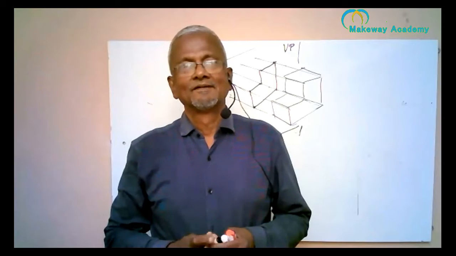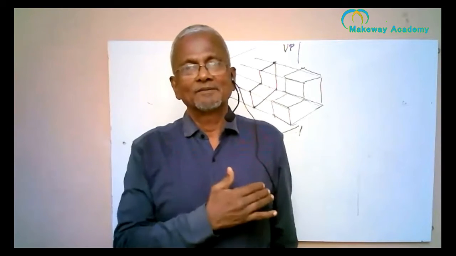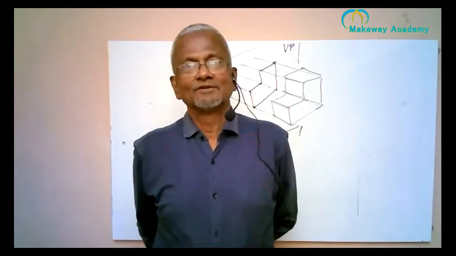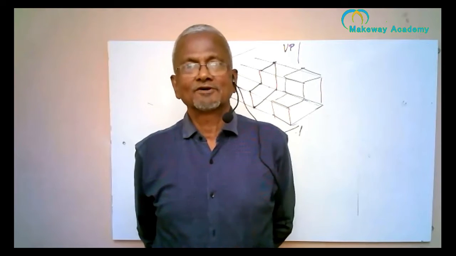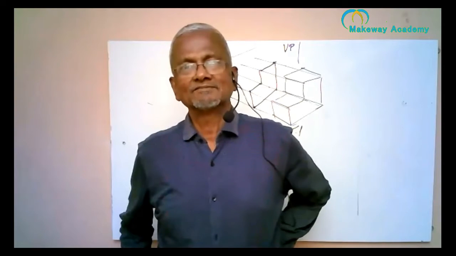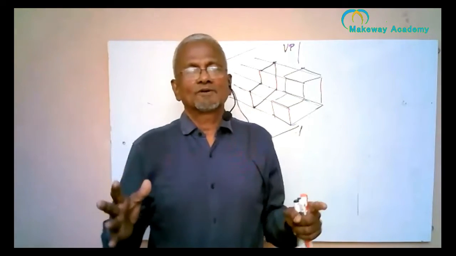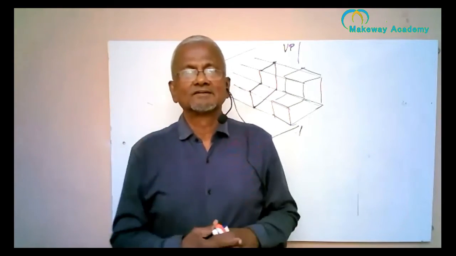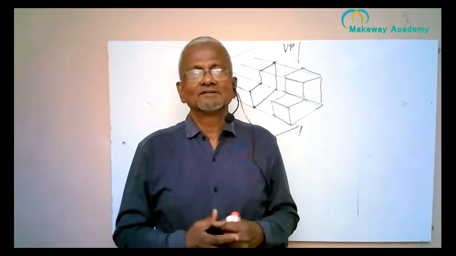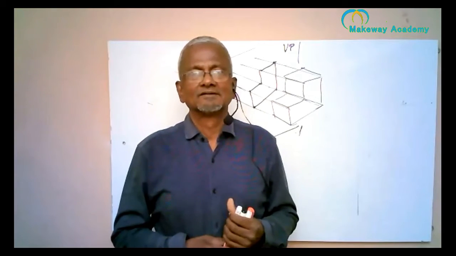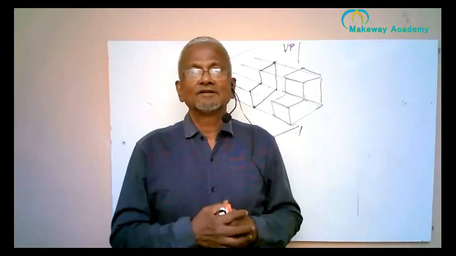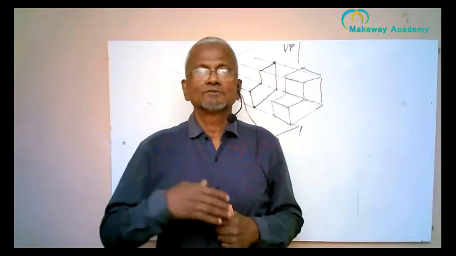Why? Because by studying this projection, we roughly get an idea of the shape of the object. We get the overall length and height, but the depth dimension is not here. So for that, we need to project the object onto one more plane.